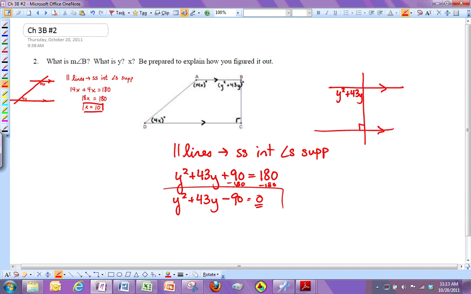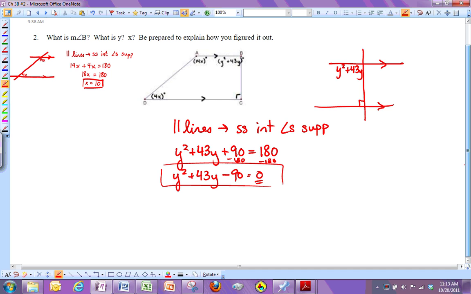So let's take a look at this now. Some people will be able to factor that easily. If you factor it, it turns into y minus 2 and y plus 45, which you can check by FOILing that out, and it equals 0.